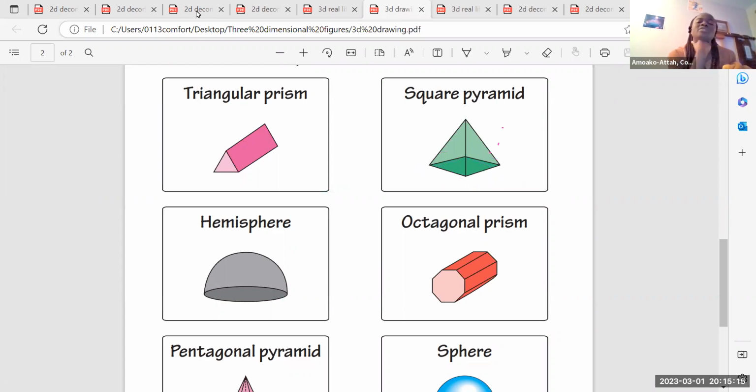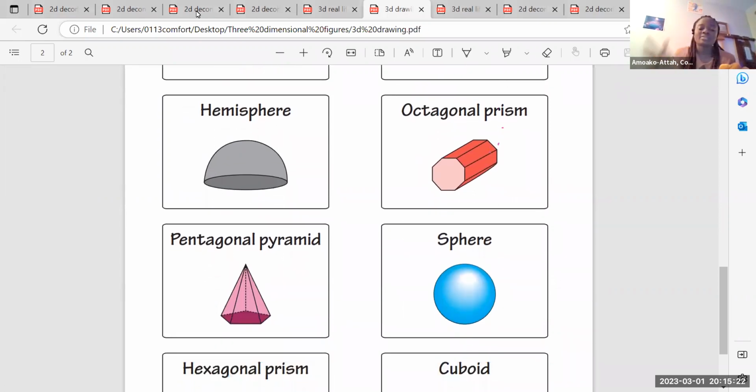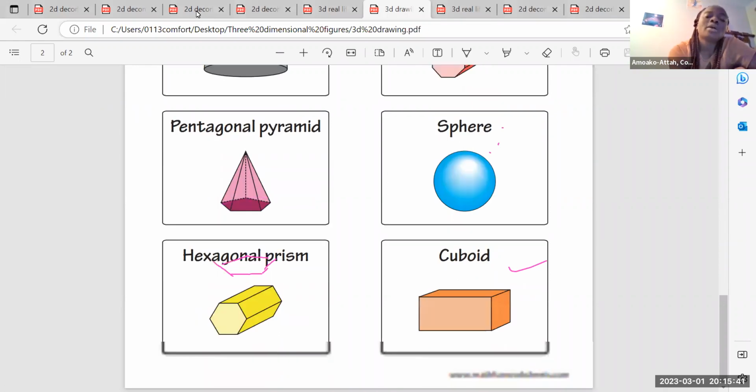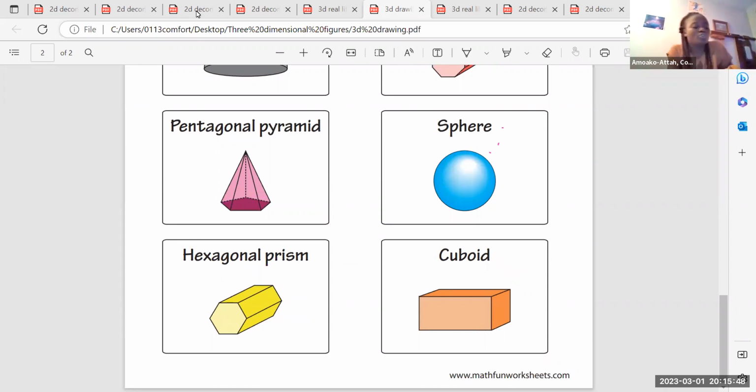Then we have the hemisphere. We have the octagonal prism having 8 sides, right? We have the pentagonal pyramid. 1, 2, 3, 4, 5. Pentagonal pyramid. We have the sphere. We have the hexagonal prism. And also we have the cuboid.